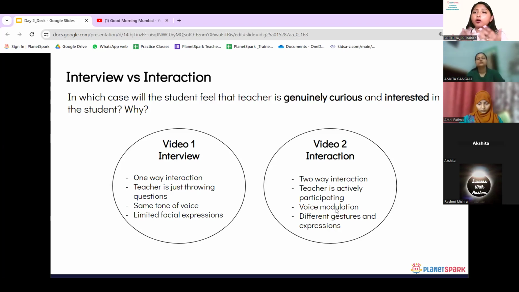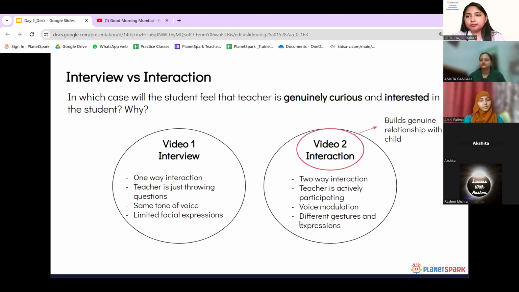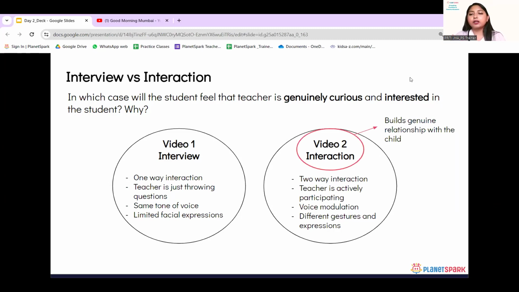So she asked more open-ended questions and she asked that, okay, maybe you can tell me how I can start reading. So she gave her own ideas. So this way there was an exchange of ideas, and that's why it turned up into an interaction. There was a proper voice modulation. There were different gestures. There were different expressions that the teacher used, right? So do not interview, interact with the child. That's going to build relationship with the student, isn't it?